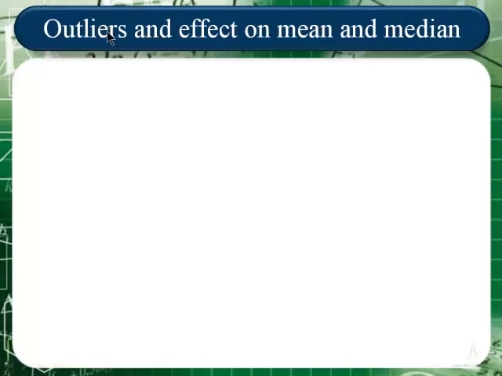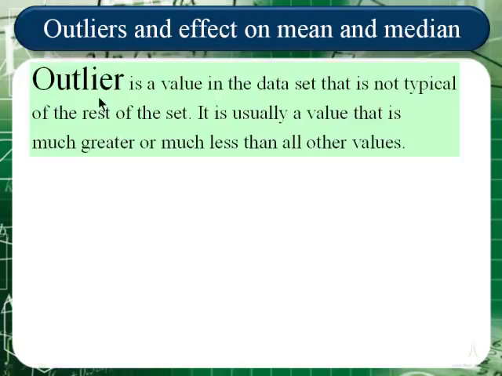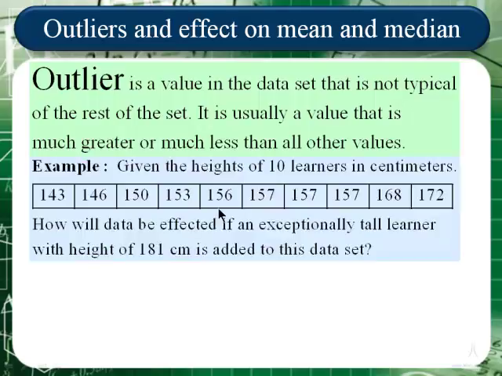Let us look at outliers and the effect of outliers on the mean and the median. Now an outlier is a value in the data set that is not typical of the rest of the set. It is usually a value that is much greater or much less than all other values.